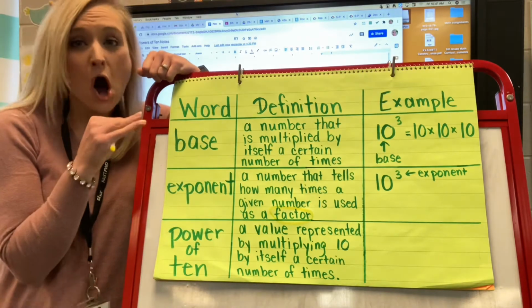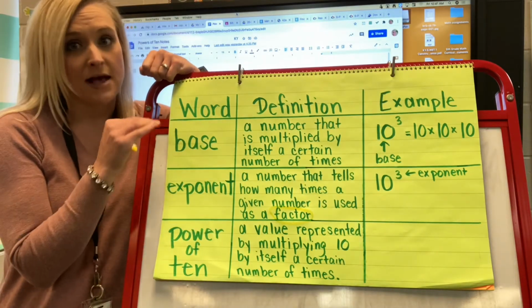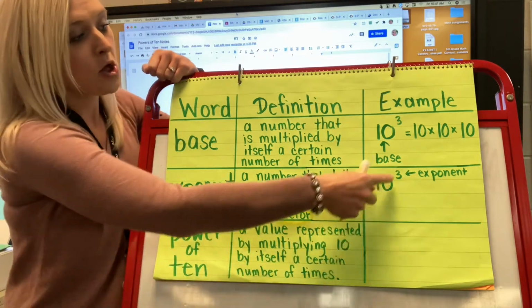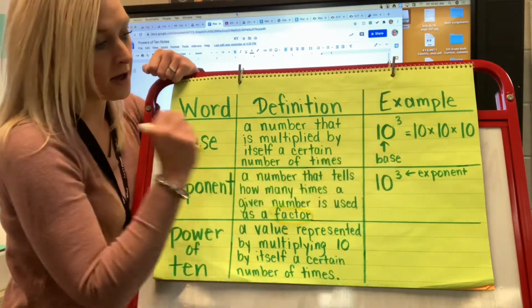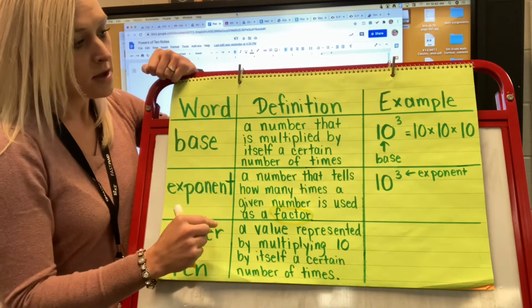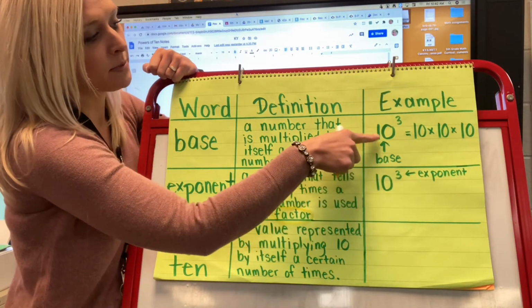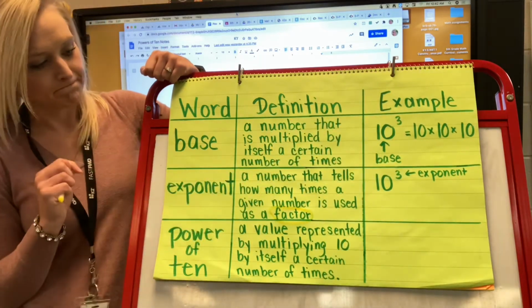Now, this is not 3 times 10. That's not what this means. This means that you multiply 10 by itself 3 times, okay? So 10 to the 3rd power, the 3 is the exponent, and remember 10 is the base, okay?